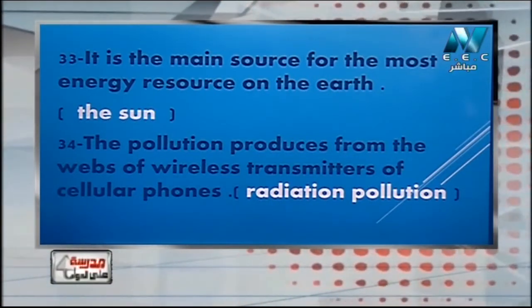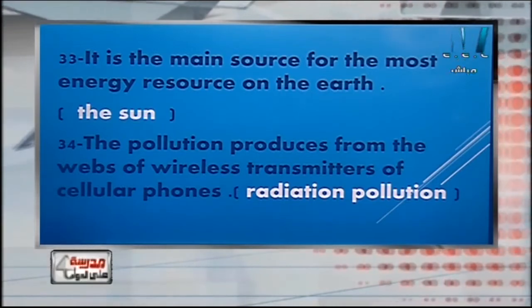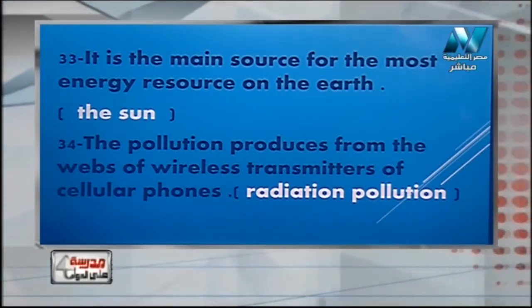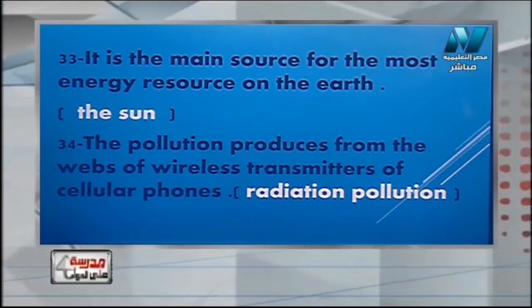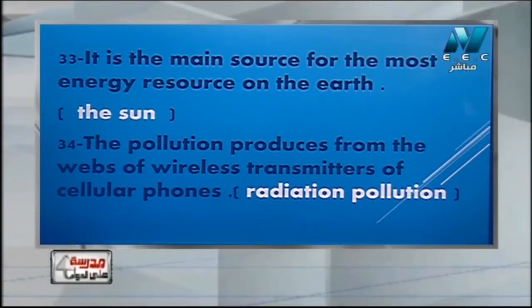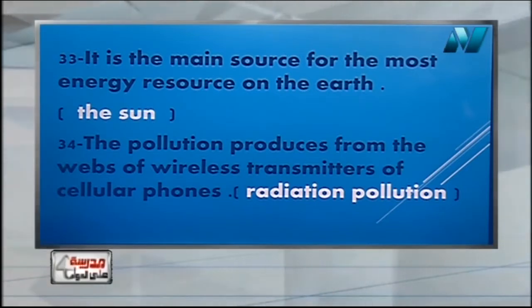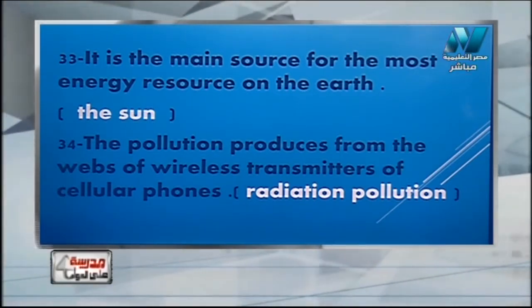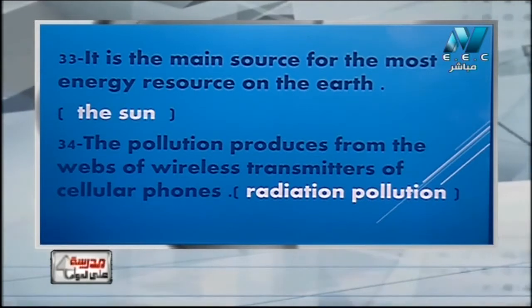It is the sun. The sun is the main source. It is the mother of sources and the cleanest type of energy. 34. The pollution produced from the waves of wireless transmitters of cellular phones. It is radiation pollution.